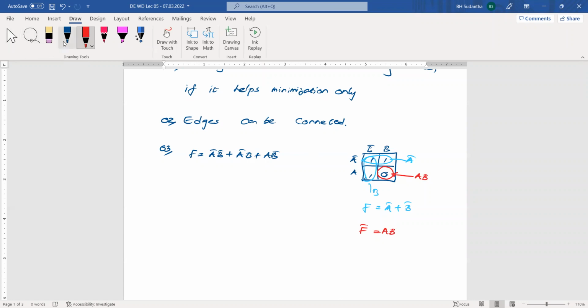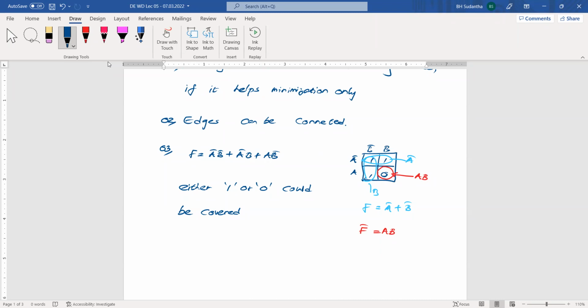This indicates that for either one or zero, you can cover ones or you can cover zeros.